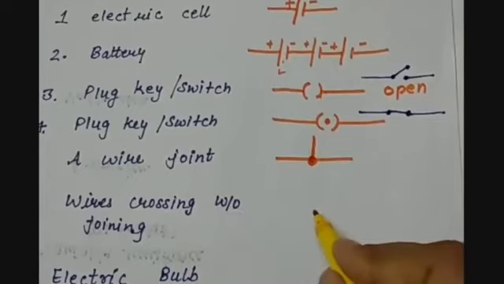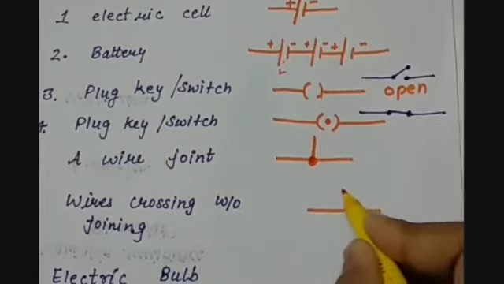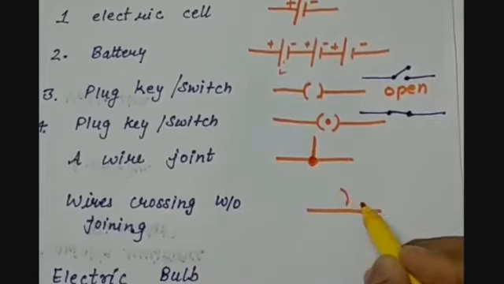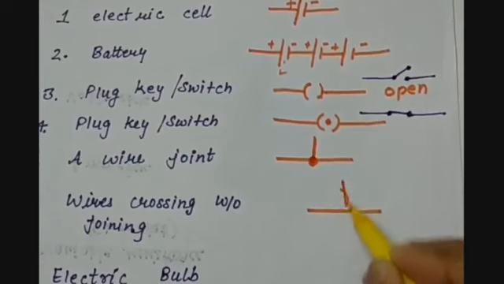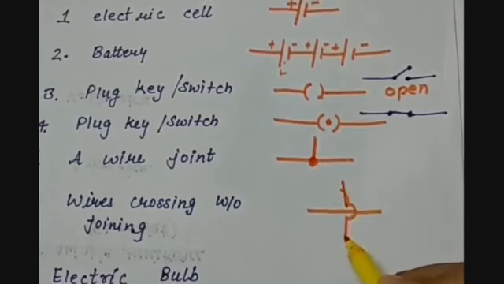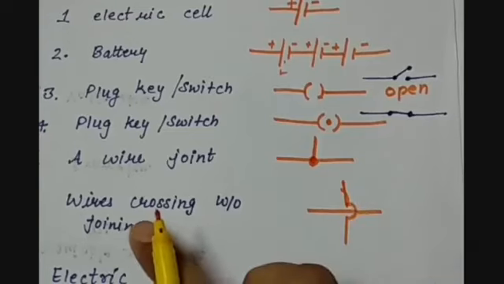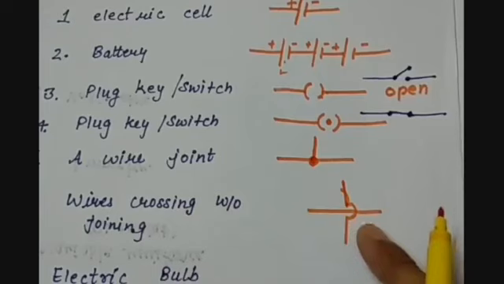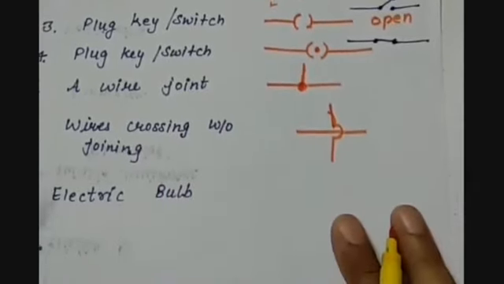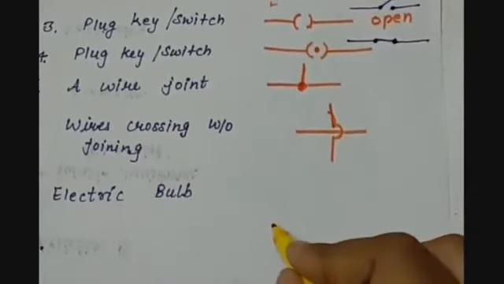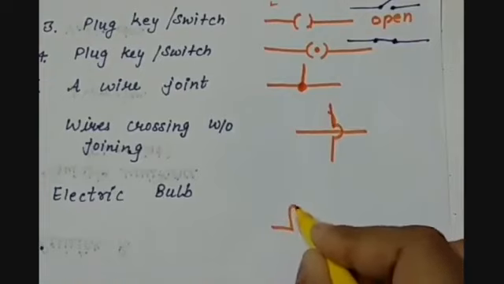If the wires are crossing without joining, then they can be like this, that one wire is going and another wire will pass through it, but it will not touch the wire. So this is the symbol for wires crossing without joining. Then we have electric bulb. Electric bulb is having a symbol.